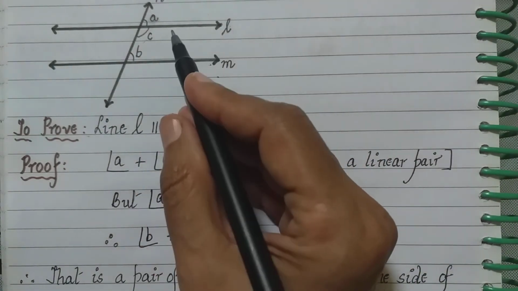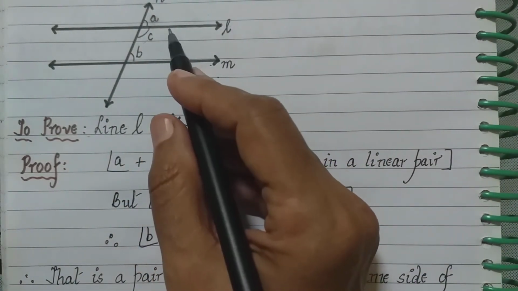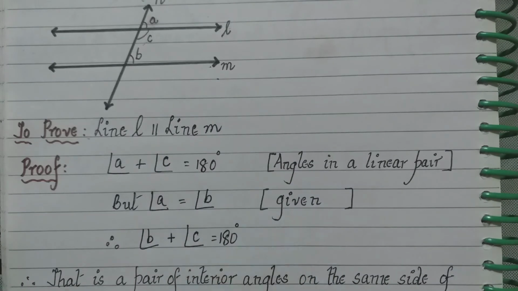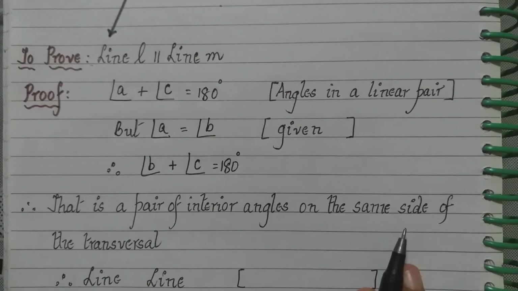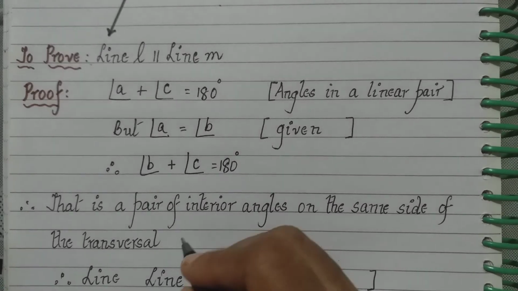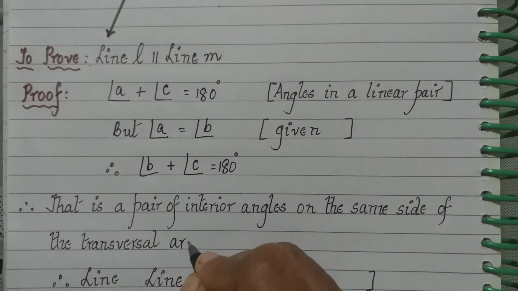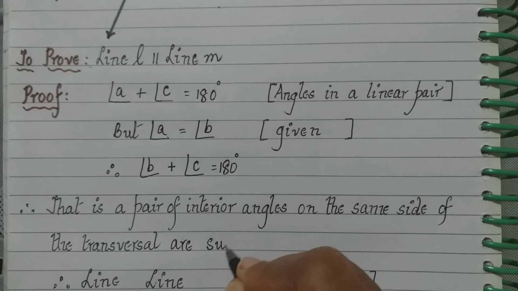But what are B and C? Angle B and angle C are the interior angles on the same side of the transversal. That is, a pair of interior angles on the same side of the transversal are supplementary.